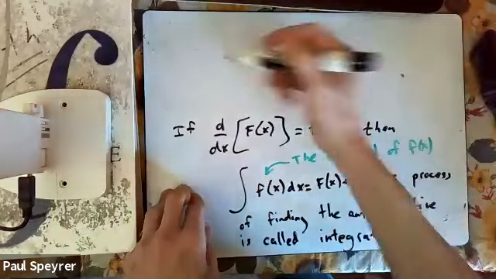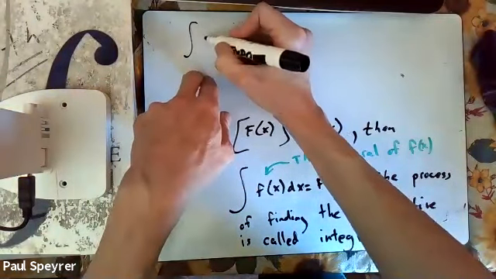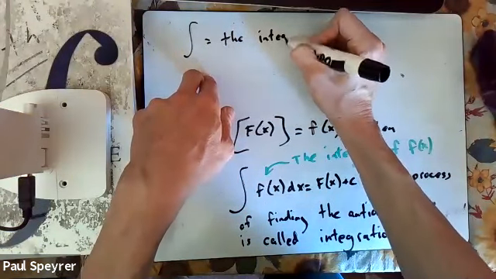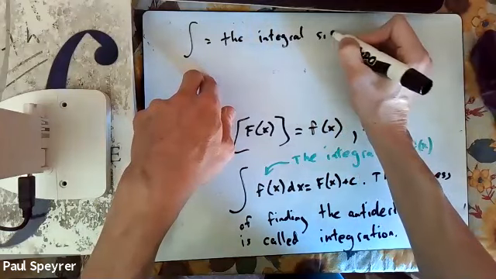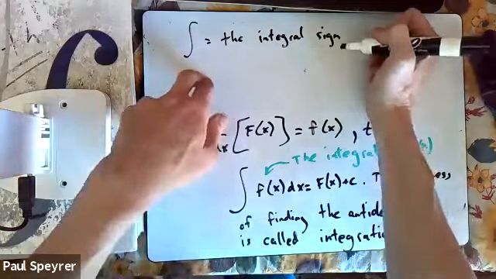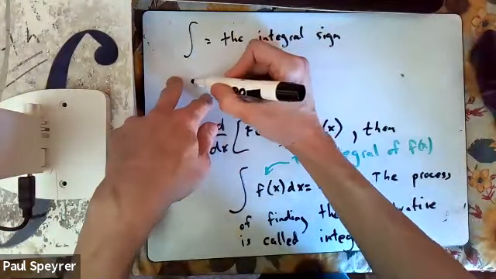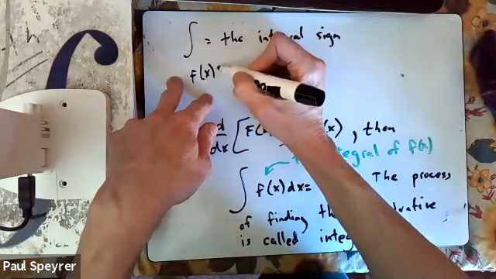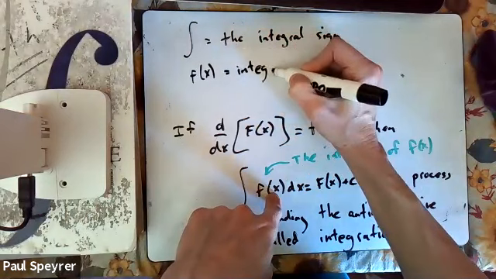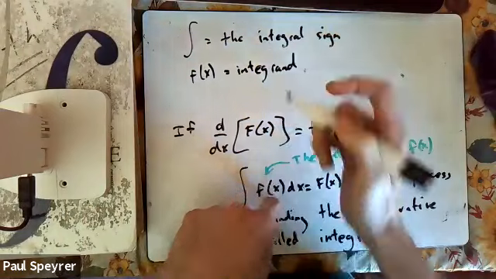So again, what do these symbols mean? This weird looking S thing, that's the integral sign. We have f of x, that's this piece right here. That's called the integrand. That's the thing that you are taking the antiderivative of.